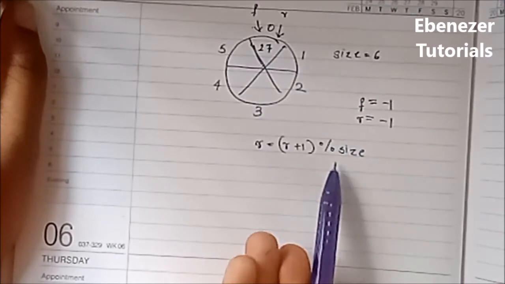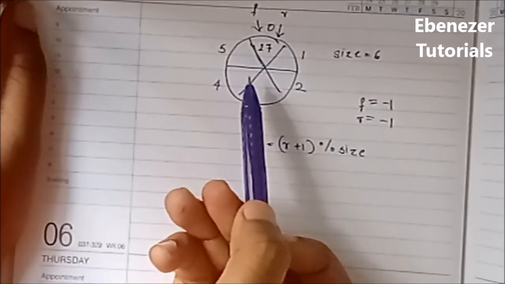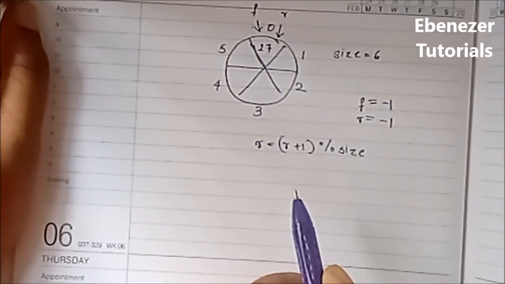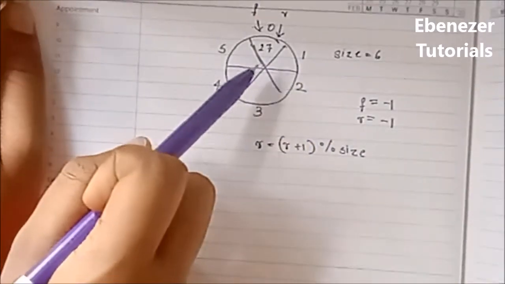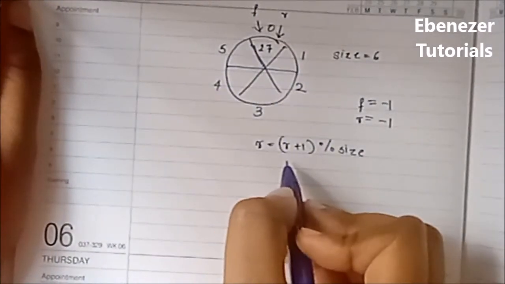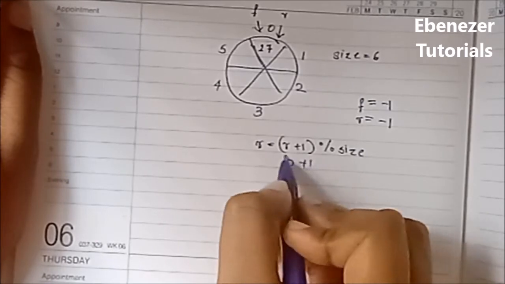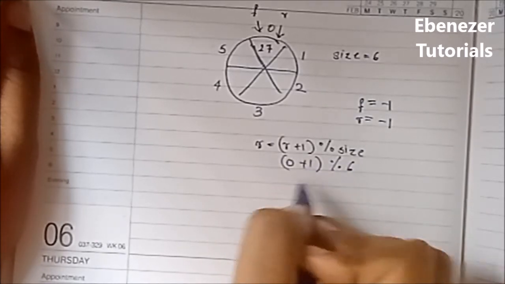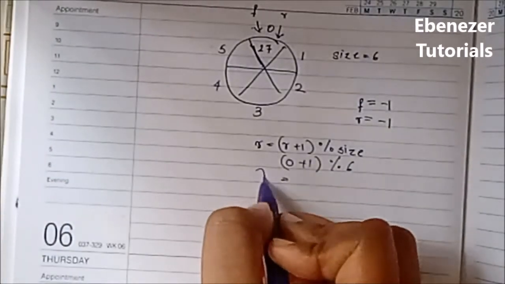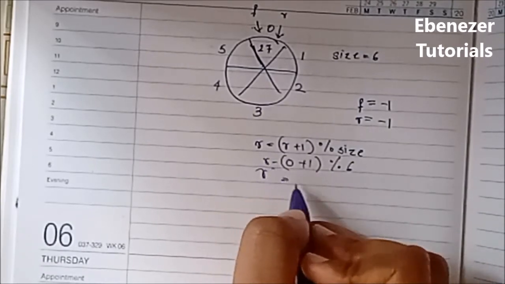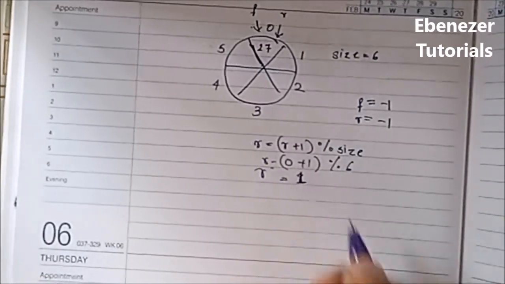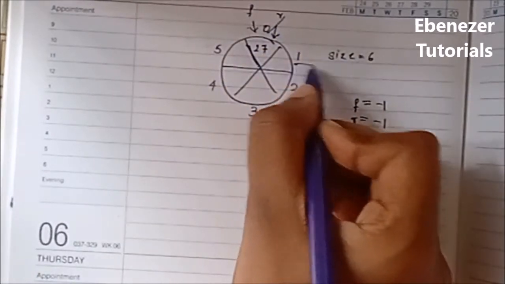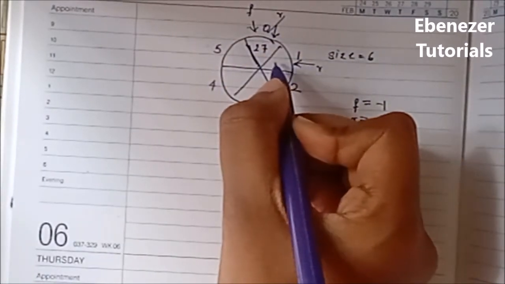We will understand this a little later, but this is how we increment the value of rear. The current value of rear is 0. 0 plus 1, and our size is 6, so the incremented value would be 1. Now rear would be pointing to index 1.